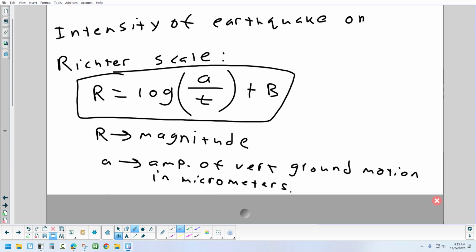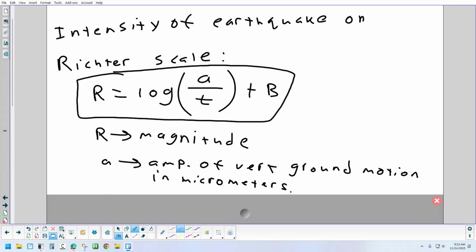There's three values that go into calculating R. The first one is A. And A stands for the amplitude of the vertical ground motion measured in micrometers. So if you think of, imagine dropping like a rock in the middle of a pond. You see waves come out. It's exactly what happens in an earthquake, except the waves aren't going through water. Well, they can.